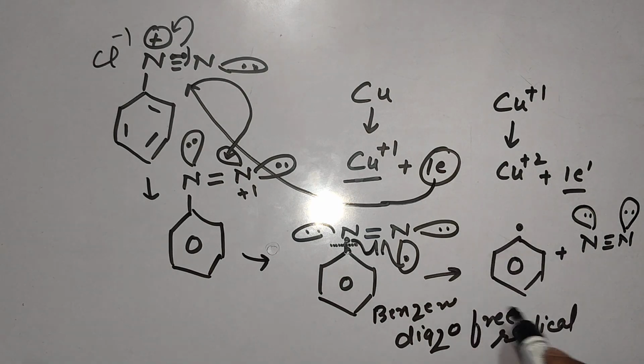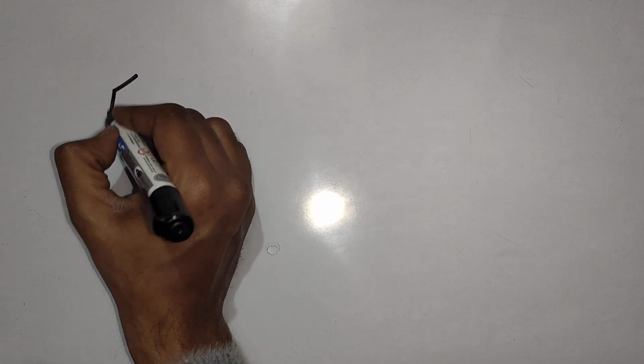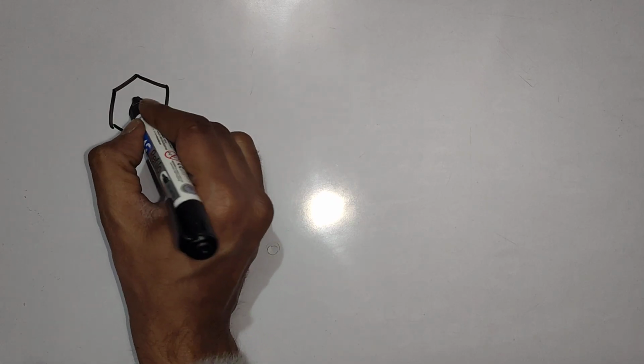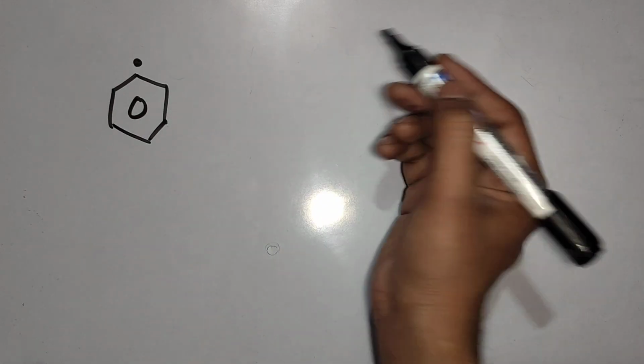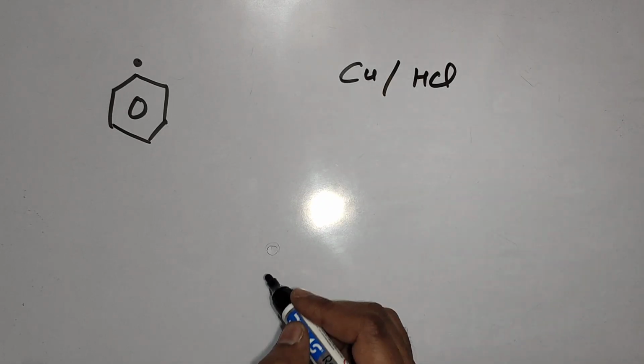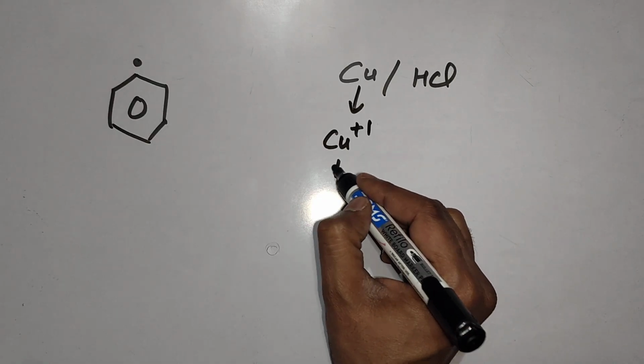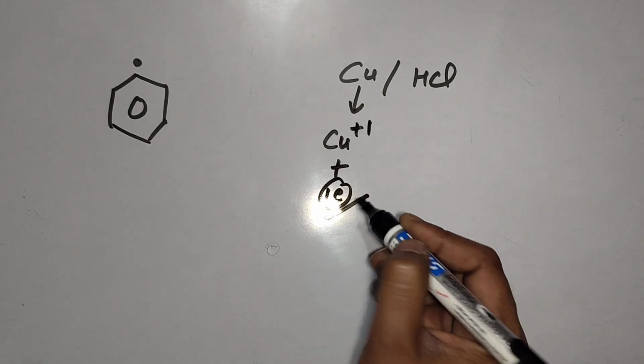Now what about this free radical? Let's check what will happen with that, same like Sandmeyer reaction. Now phenyl free radical is generated over there. With Cu, we also have HCl over there. Cu has done its job. It has provided one electron which we have utilized.